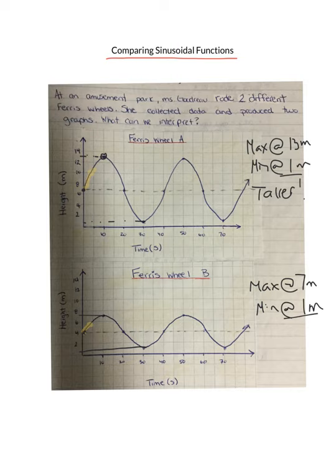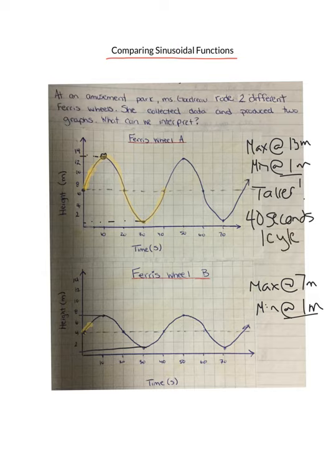Now, when I'm looking at Ferris wheel A, I'm in the middle, I hit the peak, I get back to the middle, I hit the lowest point, and I get back to the middle. Remember, that's called one period or one cycle. In Ferris wheel A, that takes 40 seconds for one cycle.